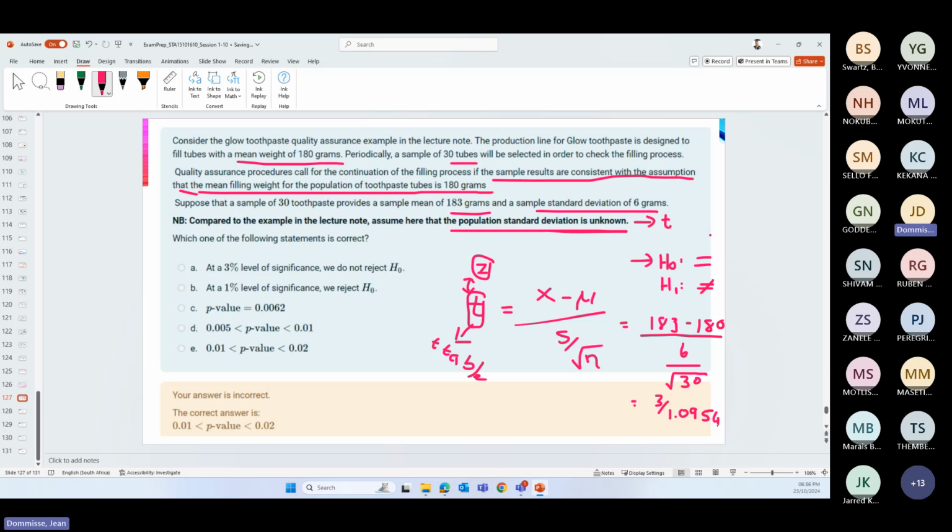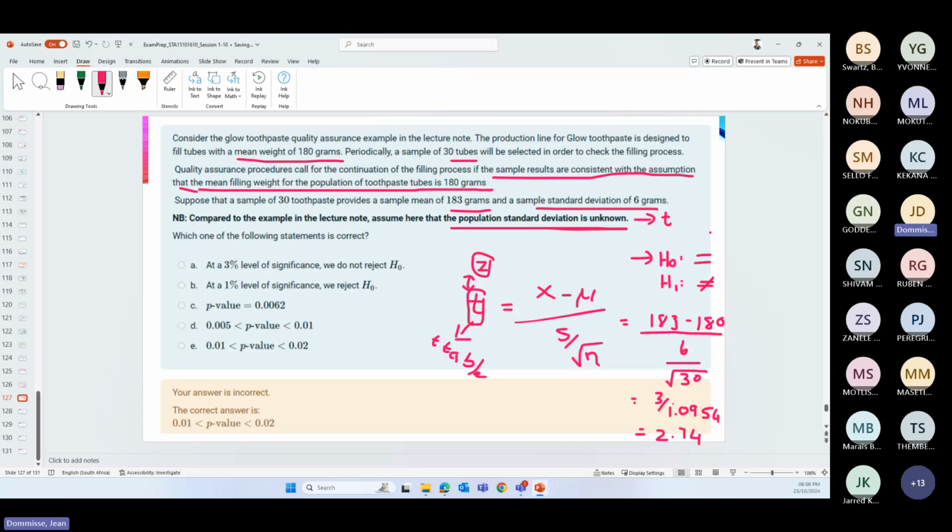So basically we're looking for a t of 2,74. Okay, so that is going to be our test.